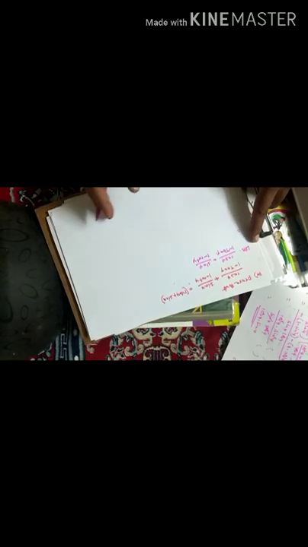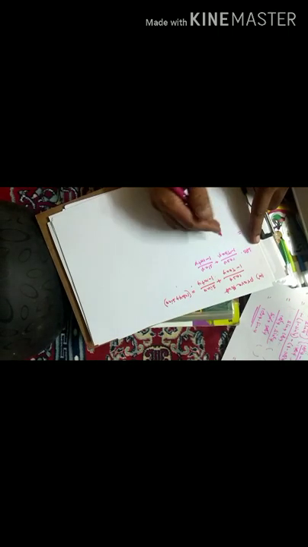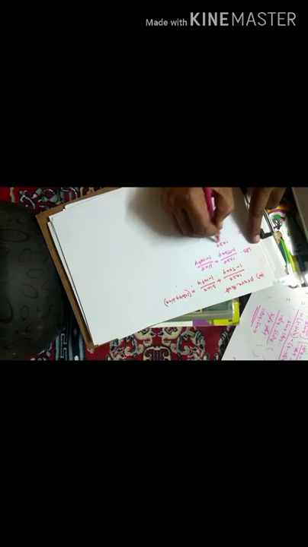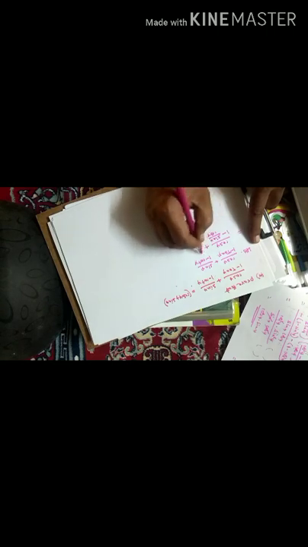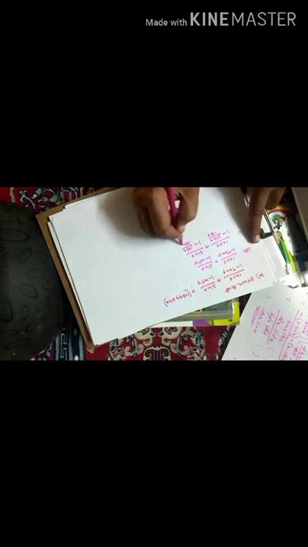So here, in cos theta by 1 minus tan theta, I can write tan theta as sin theta by cos theta, plus sin theta by 1 minus cot theta, I can write cot theta as cos theta by sin theta.